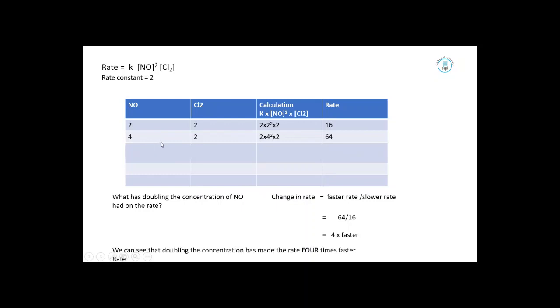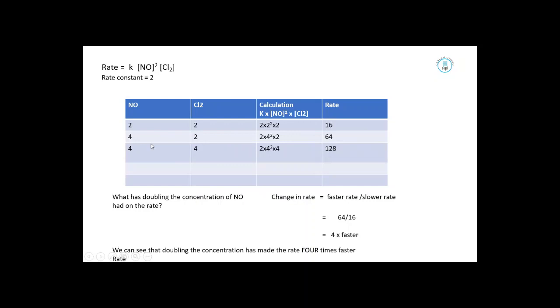Let's look at the chlorine. If we look at the chlorine here, my NO stayed the same, and I've doubled my concentration of the chlorine. Let's work out our rate. So our rate is 2 times 4 squared, and then we've got the 4 here as well. And you see our rate is now 128, and that's again twice as fast.